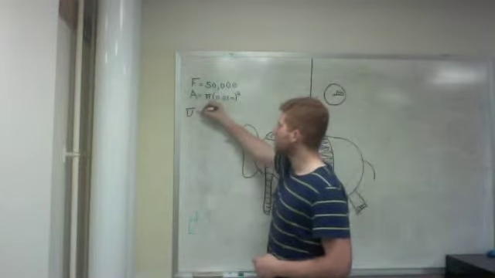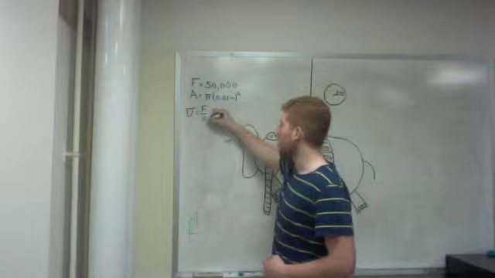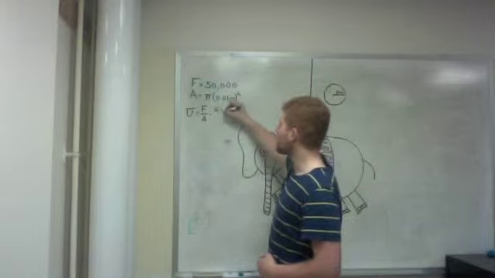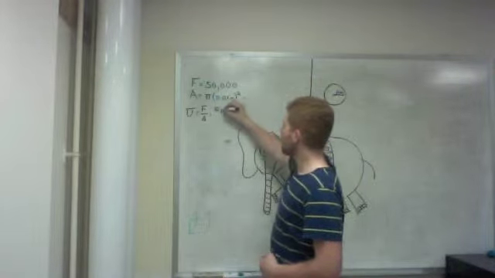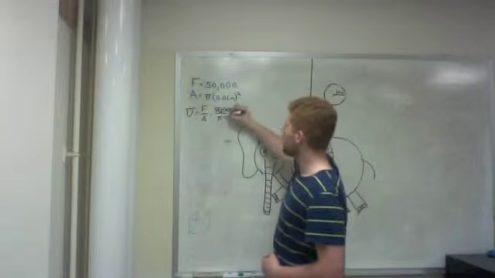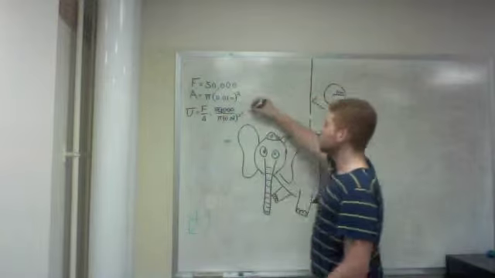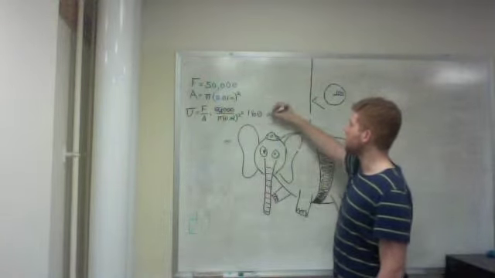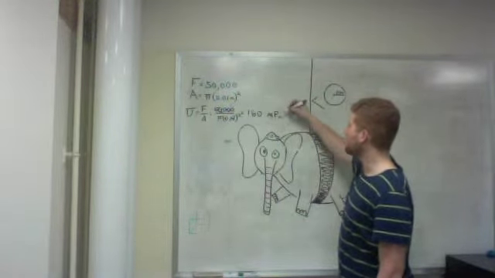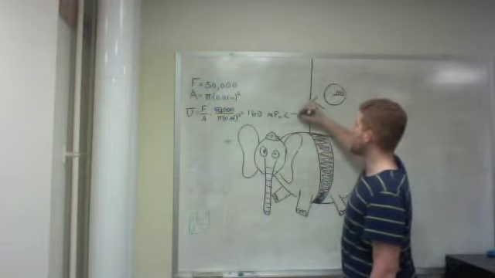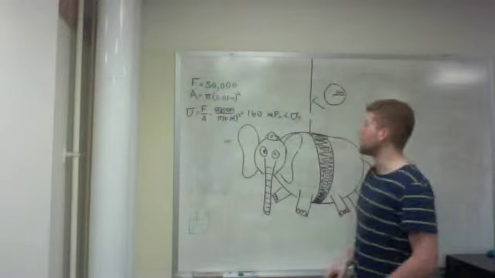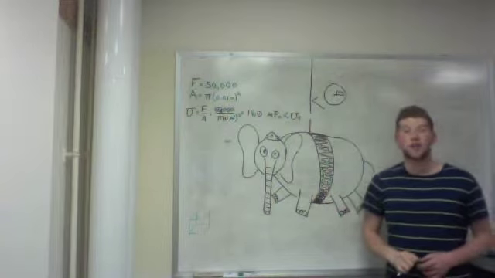The stress is equal to the force divided by the area, which is equal to 50,000 divided by pi times 0.01 meters squared, which is only about 160 megapascals, which is less than the tensile strength of this steel. Therefore, this girl is safe.